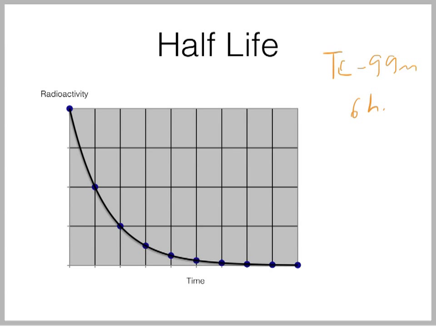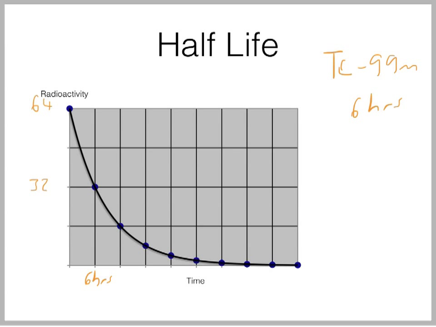That means that if I have a certain amount of technetium-99m, so let's just say 64 grams, after one half-life, so in this case 6 hours, I've only got half left. I've only got 32 grams left.